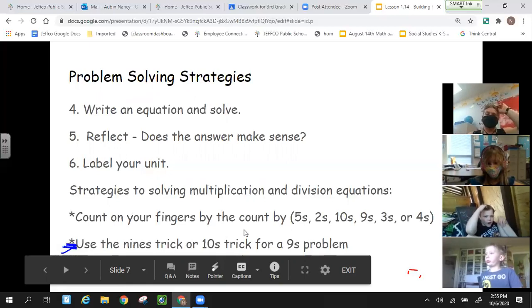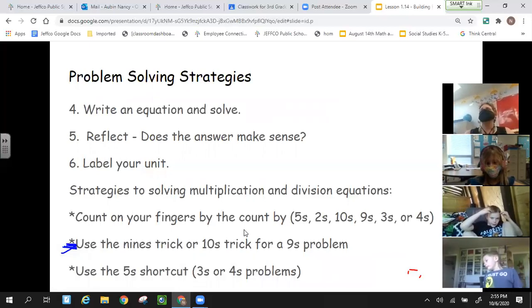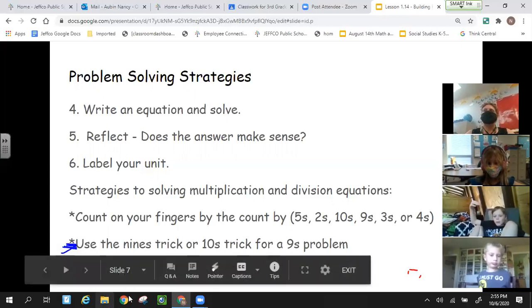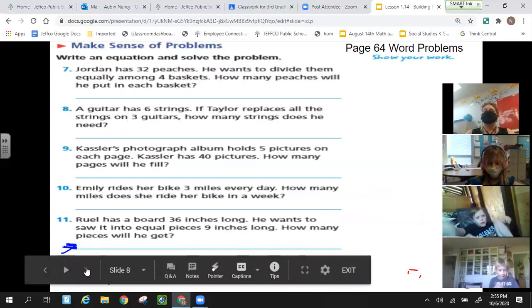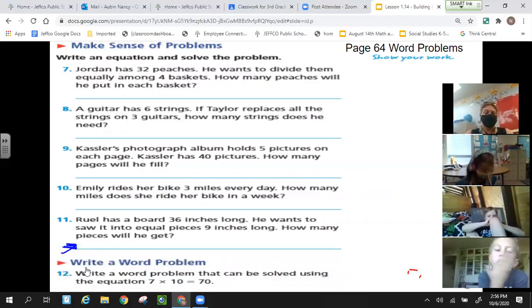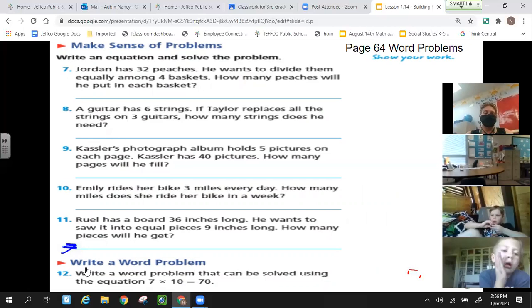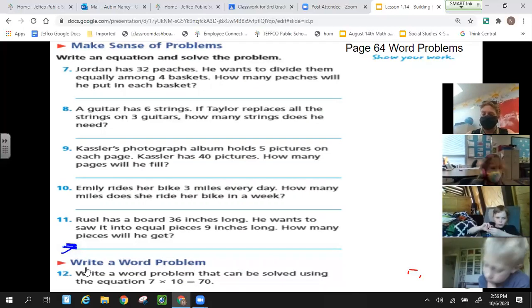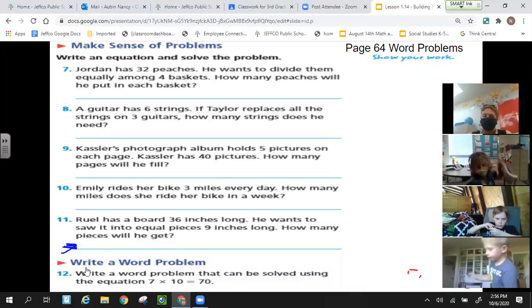We're still learning how to count by 3s and 4s. Do the 9s trick. Use the 10s trick, the shortcut with the 5s. Use them, use them, use them. And you're going to work on page 64. I want to see if you can do number 7 and number 8. Okay, see if you can get through number 7 and 8.